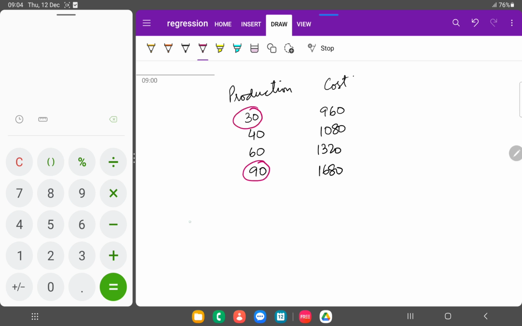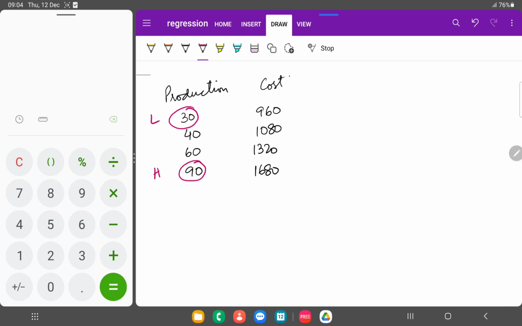So what is the first step? We generally ask students to take the difference between the highest and the lowest activity level. The highest activity level is 90 units and its cost is 1680, and the lowest activity level is 30 units and its cost is 960.